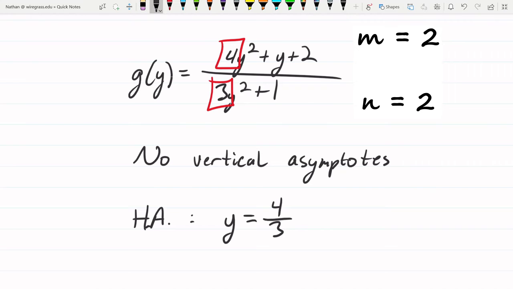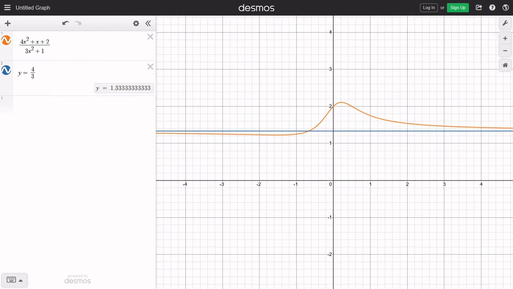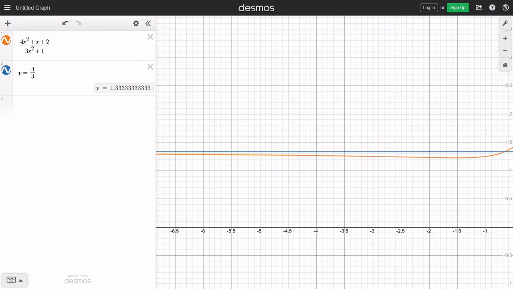Now, let's take a look at this graph. This blue line is the horizontal asymptote that we found. And this first one is the rational function we have. Let's graph it. It's kind of odd because there's no vertical asymptote, and normally there are vertical asymptotes that you deal with. But there is a horizontal asymptote that it does satisfy, right?